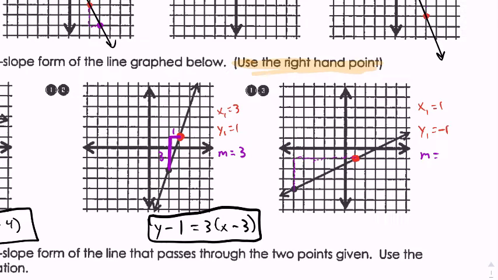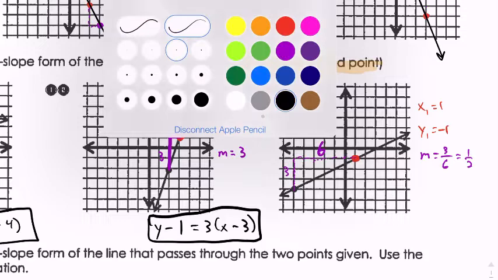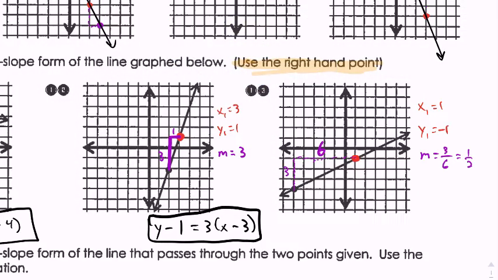The rise is 1, 2, 3. The run is 1, 2, 3, 4, 5, 6. So that gives us a rise of 3 over a run of 6, and we reduce that fraction to 1/2. Now that we have those numbers, we can write the equation.